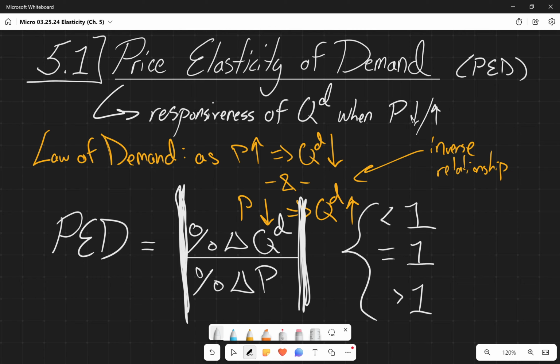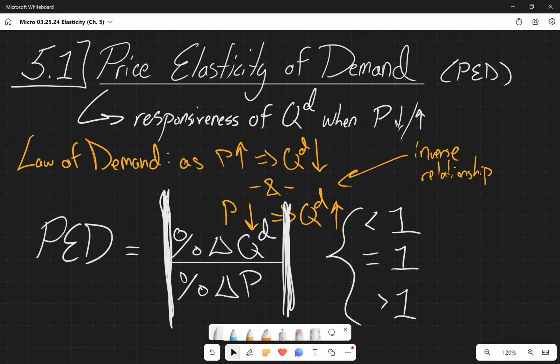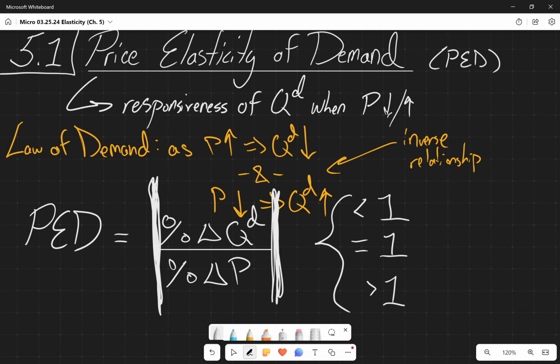If it takes the value of 1, this is perhaps the easiest definition, but it's also one of the most rare. You're not going to see it a lot. A value of 1 is unit elastic. Unit elastic means that if I change the price, my total revenue is not going to change.